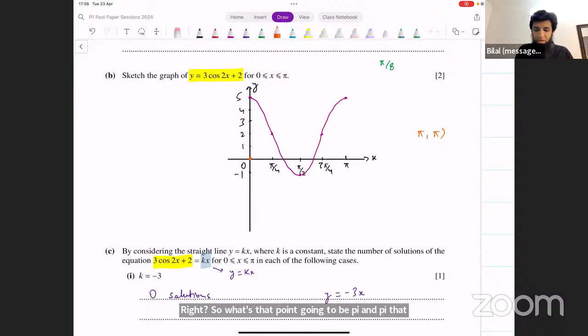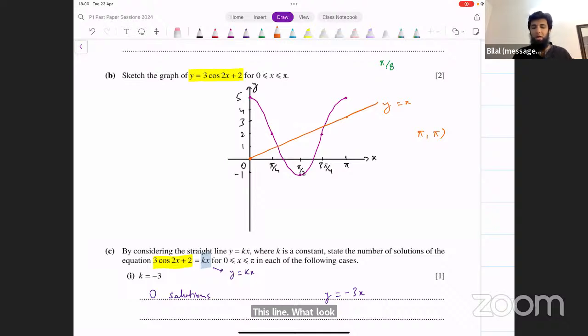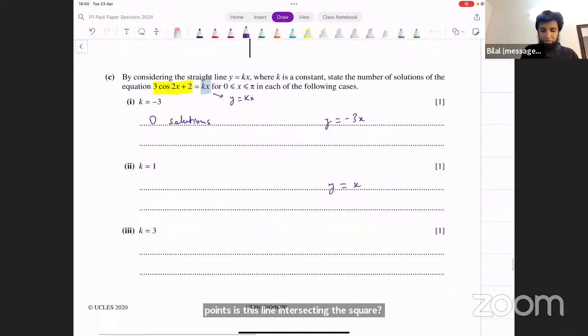Now, on the vertical axis, we've got these numbers 1, 2, 3, 4, 5. What's pi? Pi is 3.14. So that value at pi is going to be somewhere here. This line would look like this, the y equals x line. Now, how many points is this line intersecting this curve? It's intersecting at 2 points. So you would say there are two solutions now when k equals 1.